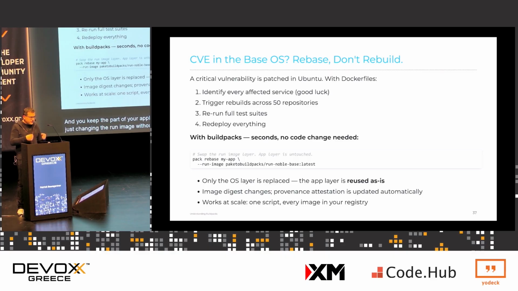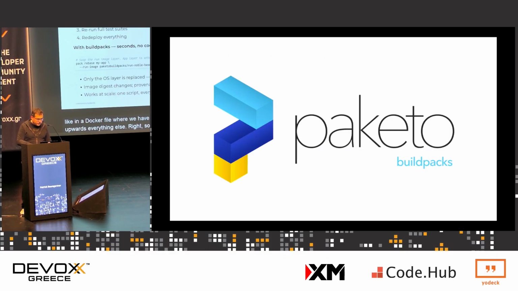That works because the layers are relinked easily, and we are not in a Dockerfile where we have to rebuild from the part where something has changed upwards. So that's actually a quite neat trick to be fast if you have vulnerabilities in production.